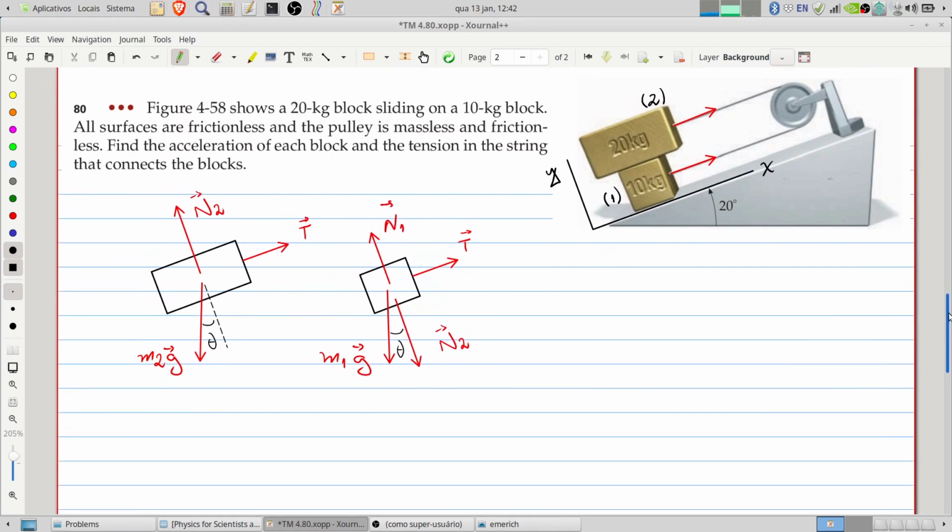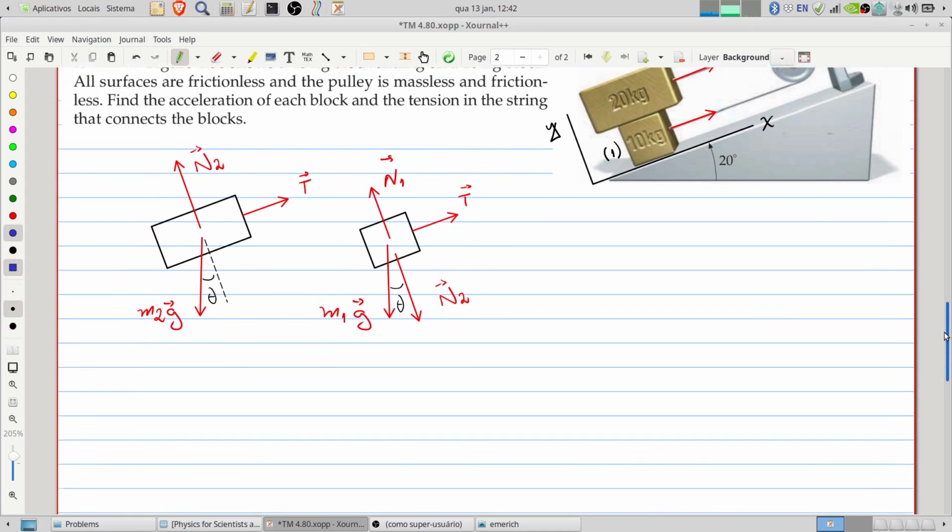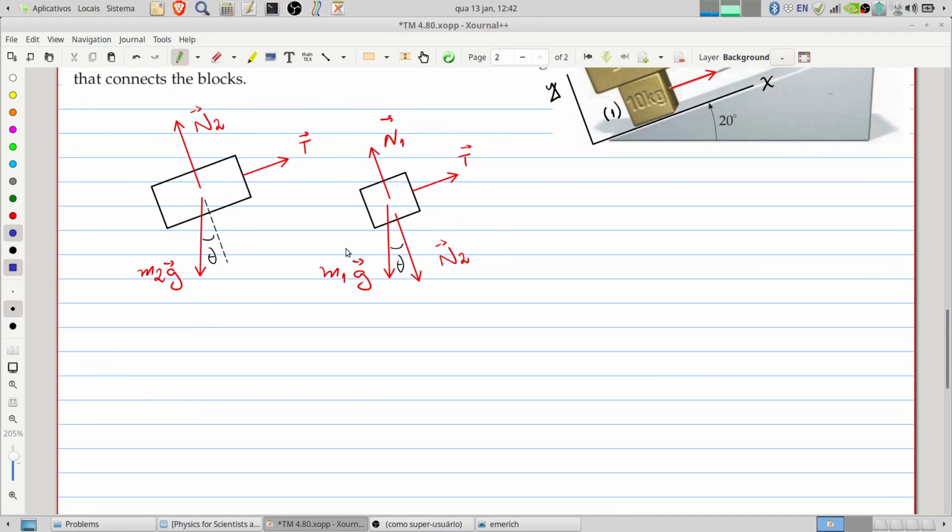Now it's only necessary to write the equations to solve the problem. So let's do it. We will sum the forces in the x direction. So we can write that the tension for block 2 minus m2 g sine of theta equals the mass m2 times the acceleration of block 2.